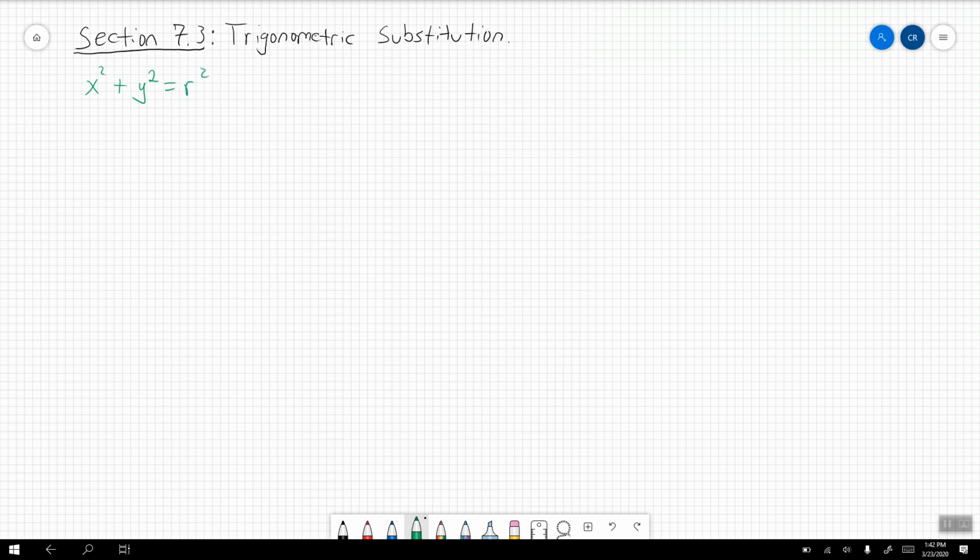Now, if you recall, this is the equation of the circle centered at 0, 0 with some random given radius r. For the purposes of this section, I'm going to rewrite this. Instead of r squared, I'm going to have a squared here, and we're going to have a radius of a. Good.